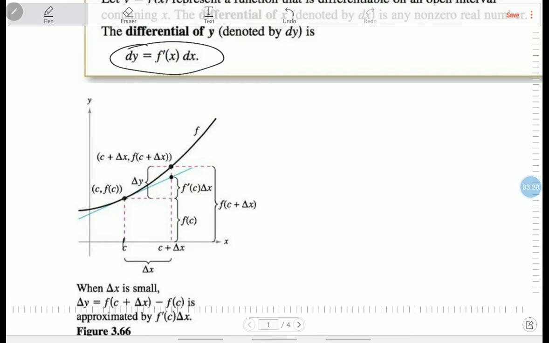Those y values are going to be exactly the same because that's the tangent line. But if we move to the right or to the left just a little bit, do you see how that y value on that line would be super close to that y value on that function? Same thing here.